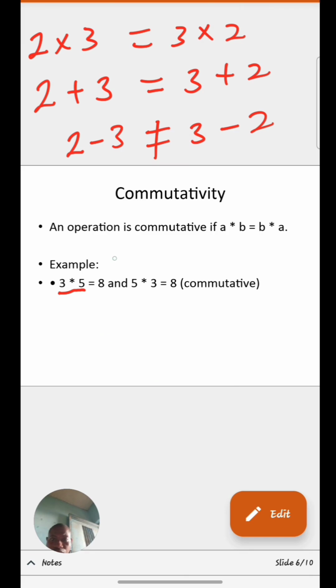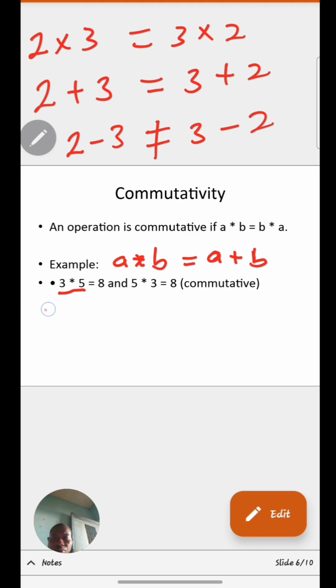The operation we are given is A operation B is equal to A plus B. That's the operation we are given.